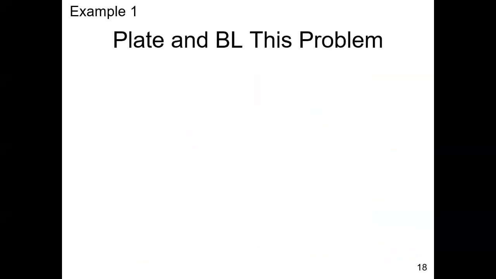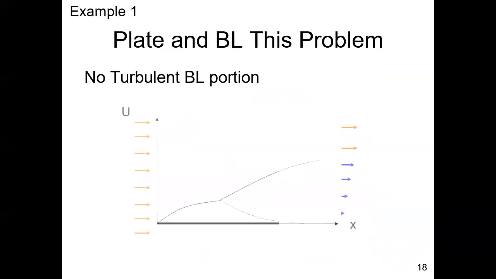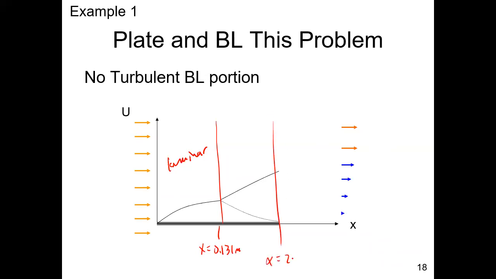Good. So this is still example 1. And again, what we have in this problem is a section of laminar boundary layer, and that goes up to x equal to 0.131 meters. And the end of our plate is x equal to 2 meters.